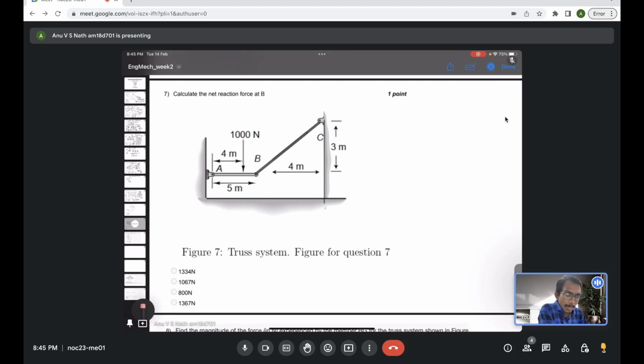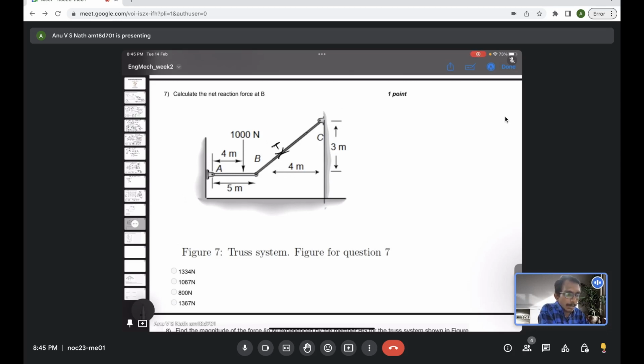So I suppose, and I found some answer which is matching with an option, that if you look at AB and BC and compare them, AB is looking like a rod and BC is a rope or a string. So I hope they're asking for the tension acting on the rope BC, assuming AB is a member. Also you can see 1000 Newton is acting on the member AB, which is not a truss system, because the force is not acting on a joint, it's acting somewhere in the middle.